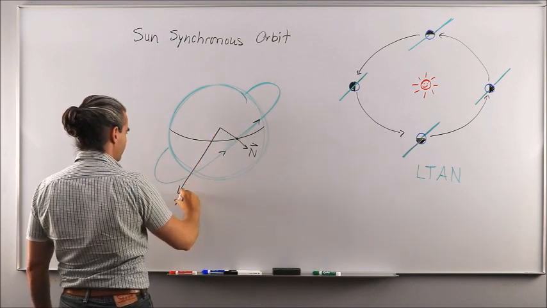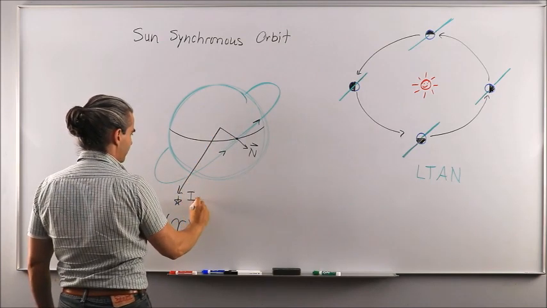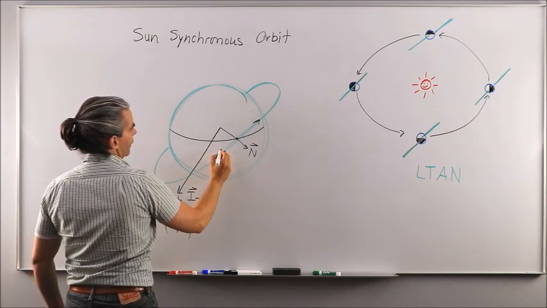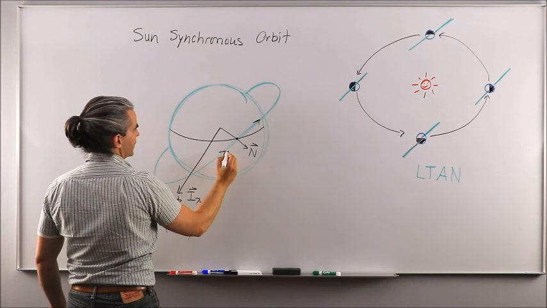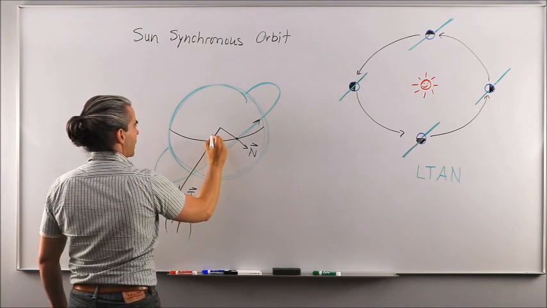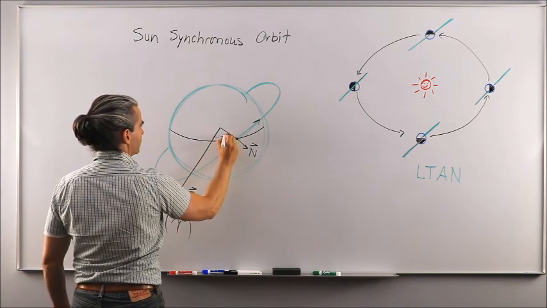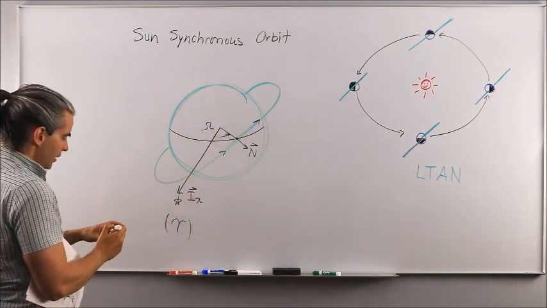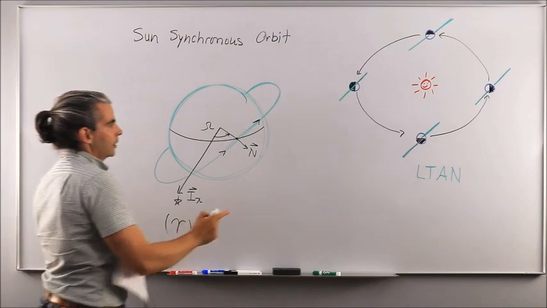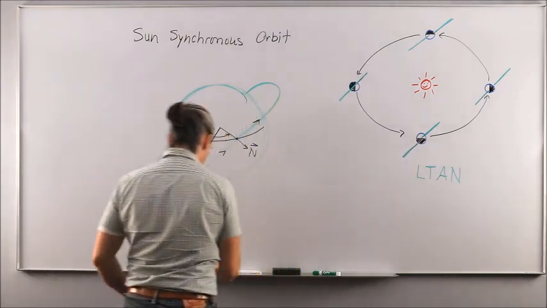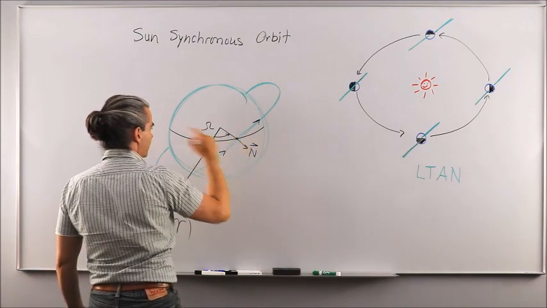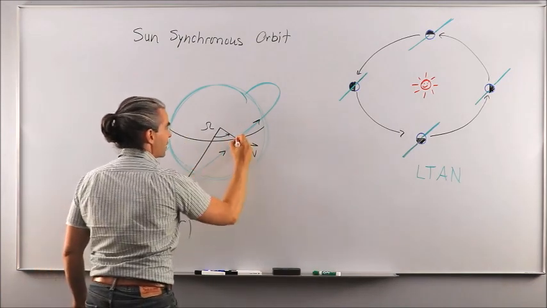Then we have our I_X unit vector of ECI, and therefore our right ascension of ascending node happens to be this angle. Okay? So the local time of ascending node is the time on the ground whenever the spacecraft passes directly over the equator.